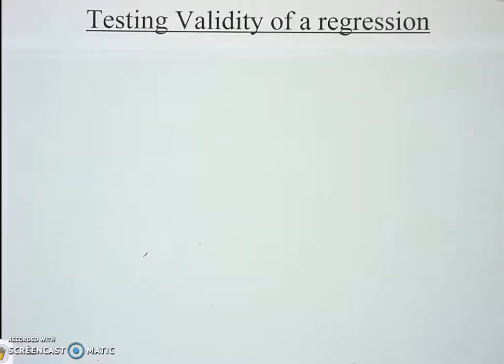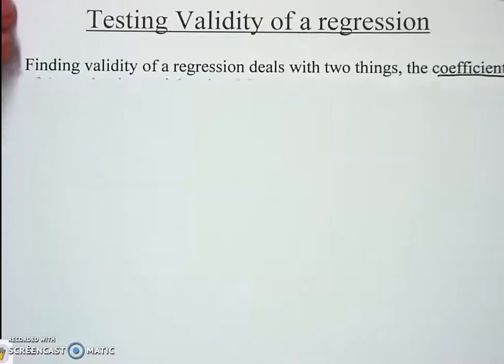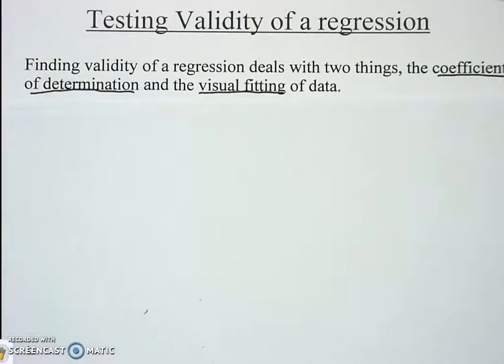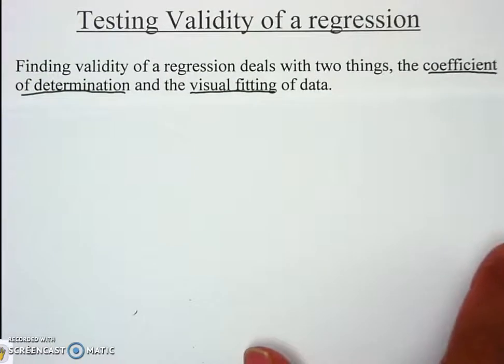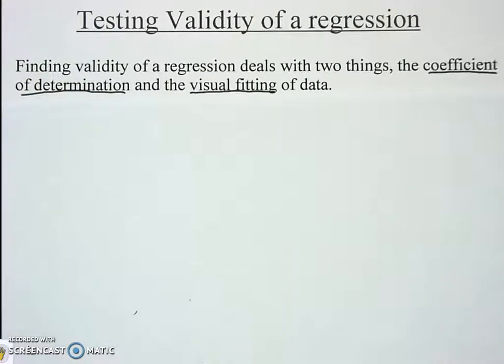Now with this, we've talked about just quadratic, but since we're looking at multiple different ones, we have to figure out which one is the best one for each equation. There are two ways of doing that, and here it is. Finding validity of a regression model deals with two things: the coefficient of determination and the visual fitting of the data.